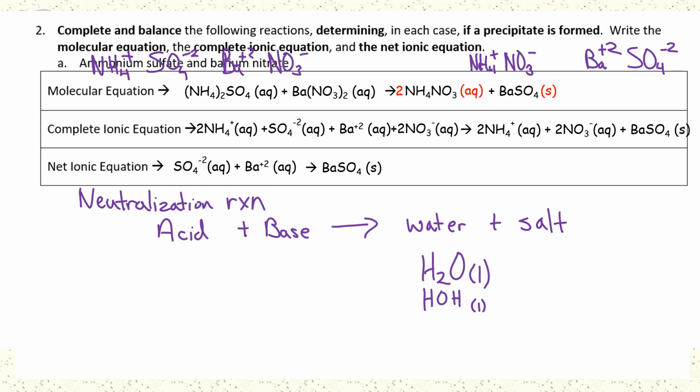The reason why I write water as HOH a lot of times is so that you can recognize ions involved. There are two ions in water. What are the two ions that make up the net ionic for water? What ion are you getting from the acid? What ion are you getting from the base?